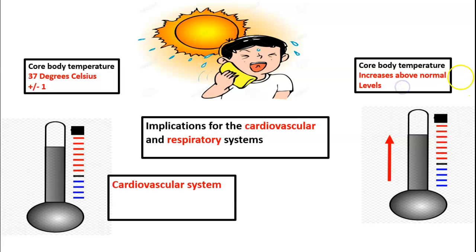Okay, so whenever we are talking about the effects of an environmental condition on the cardiovascular system, we have to split up the cardiovascular system. So we need to remember that the cardiovascular system consists of the heart, blood and blood vessels, and if we remember that, this really does help us to ensure that we are going to get onto the mark scheme when we're answering questions, and I'll talk about that in the lesson.